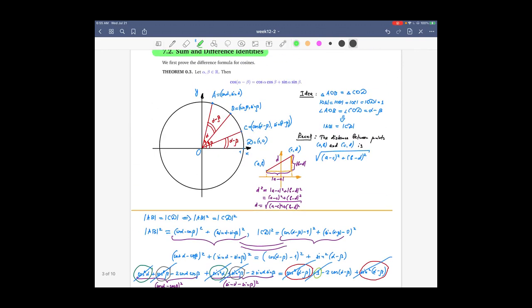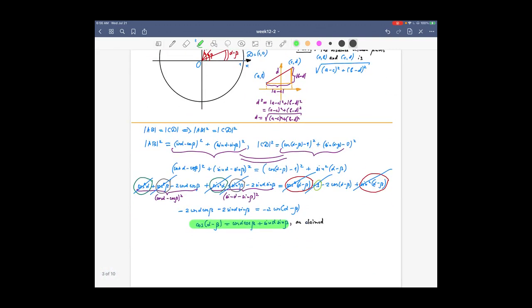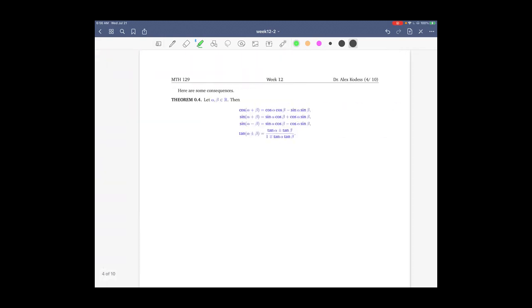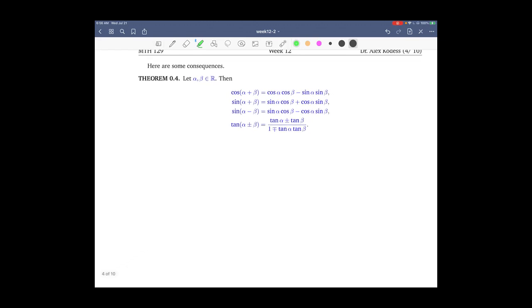And this formula gives rise to the other sum and difference formulas on the next page. How do we, for instance, deal with cosine of a sum? Well, we simply write cosine of a sum as a difference, alpha minus negative beta.